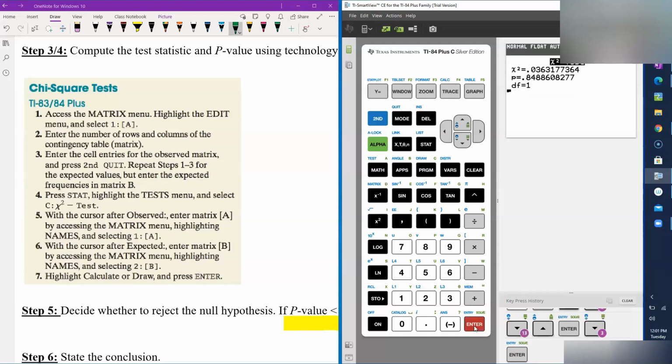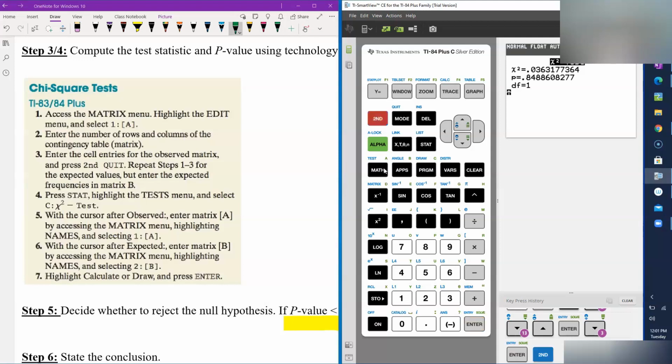Now here, calculate. Here we have chi-square is 0.0236. It's the same as what we had on StatCrunch. Our p is 0.849 after rounding, and degree of freedom is 1. So these are our answers, same answers. But if you're trying to find expected, the part that we didn't enter here, step number 3, we didn't do that part.